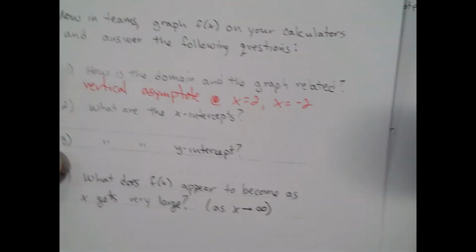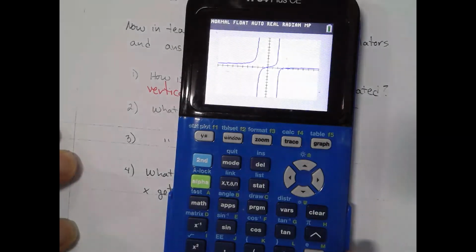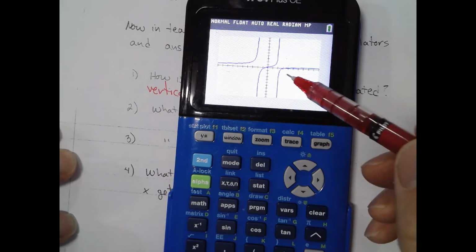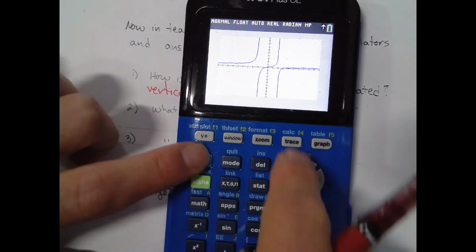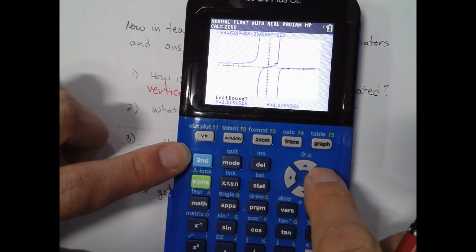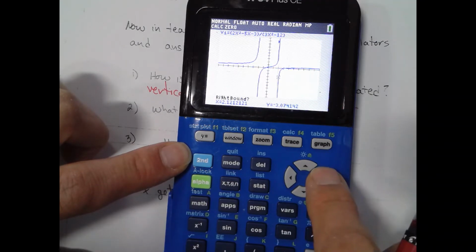There's only one S. All right, vertical asymptote at x equals 2 and x equals negative 2. What are the x-intercepts? Another name for x-intercepts here is zeros. We have an x-intercept right there and right there. Those are the only two, it looks like. So we can calculate the zero. We'll go on the left side of it, go on the right side of it.